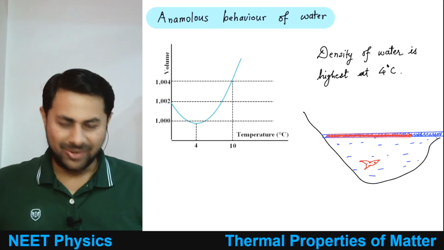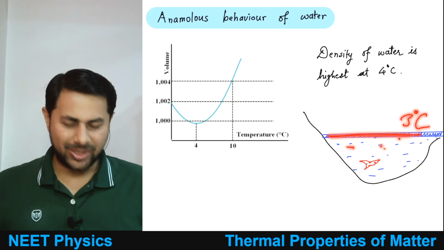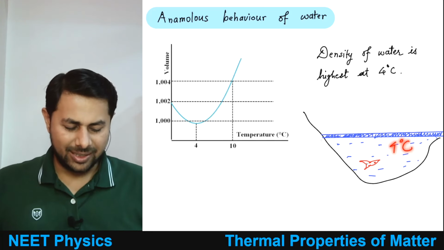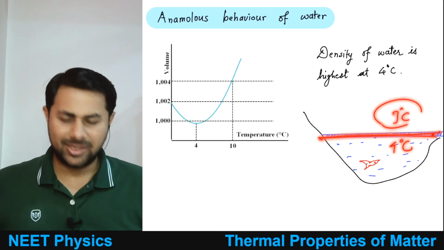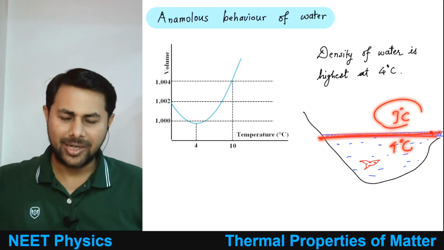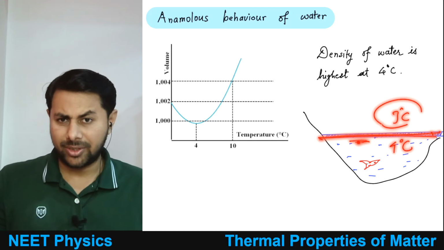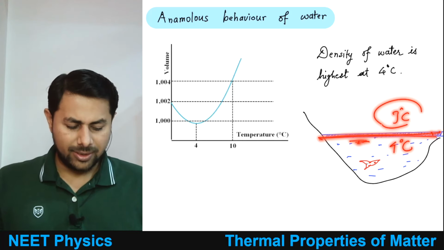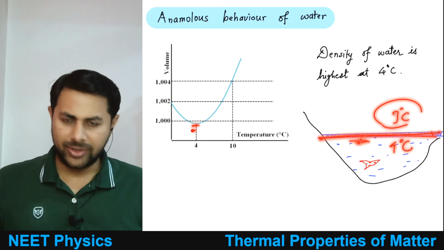Now the temperature of the top layer falls further, so it becomes 3 degrees Celsius. The water below it is at 4 degrees Celsius, and the water over here is at 3 degrees Celsius. The density of the top layer would be less than the density of the layer just below it, because density is highest at 4 degrees Celsius.